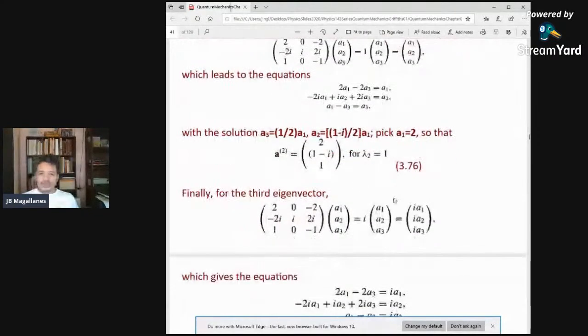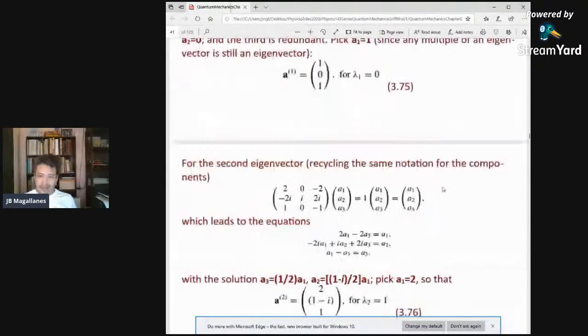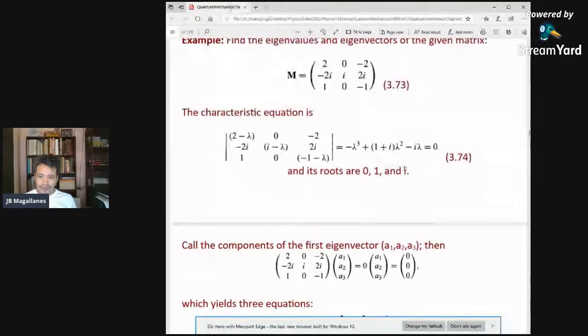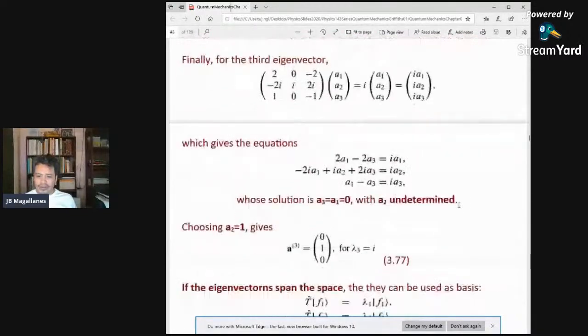So finally, for the third eigenvector, we use the third eigenvalue, i. So what happens?